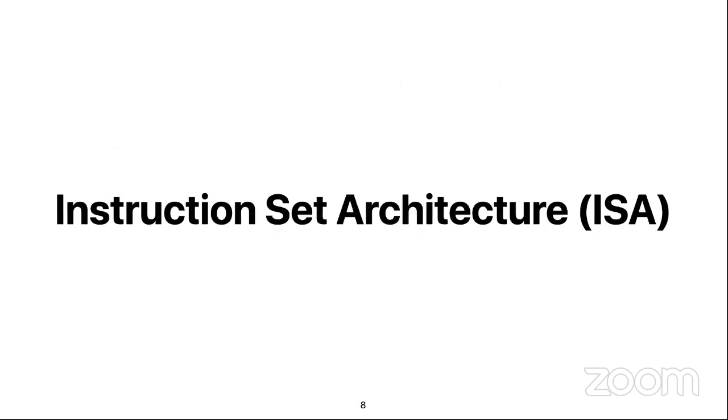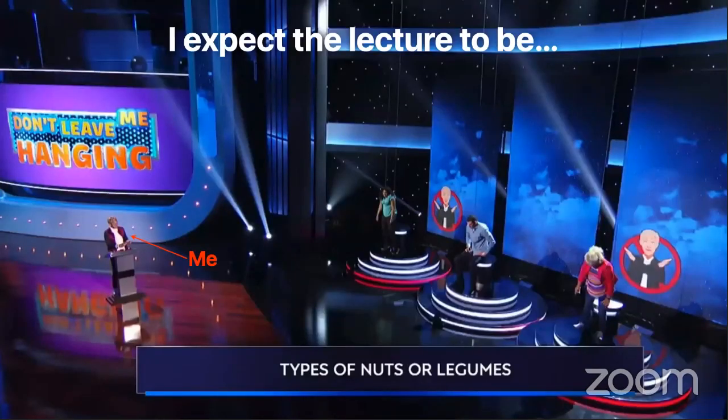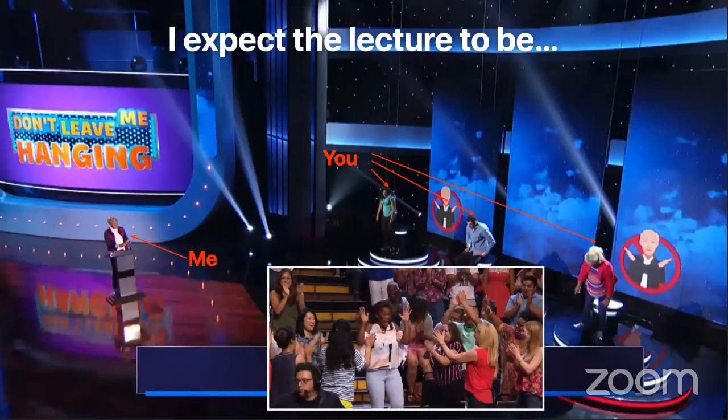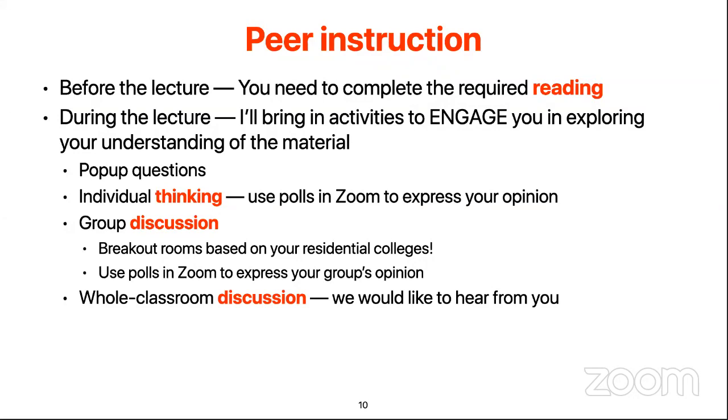Before we start, this is a class where we are going to use the interactive teaching and learning method. In the past, if we were in a classroom, I could do group activities. But because we are on Zoom, we will try to use breakout rooms to have you discuss with people from the same residential colleges.